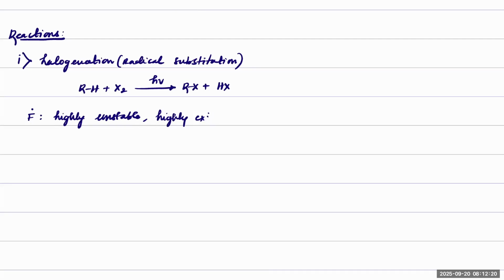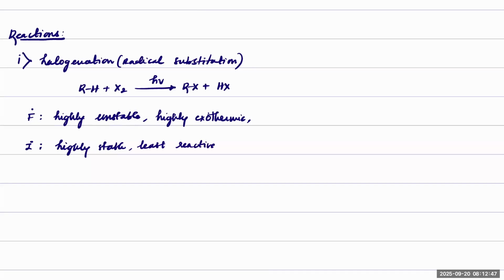That's why this reaction would happen much faster. In the case of iodine, the iodine radical is highly stable. It is least reactive.